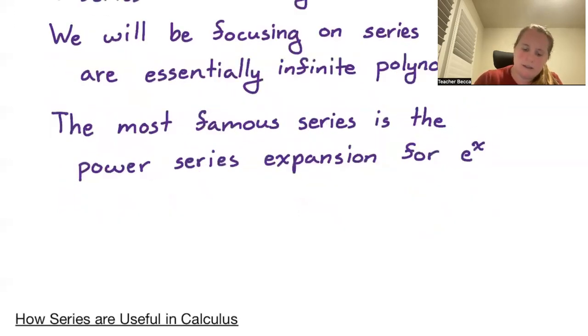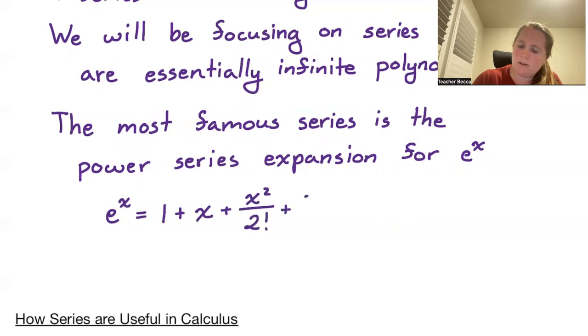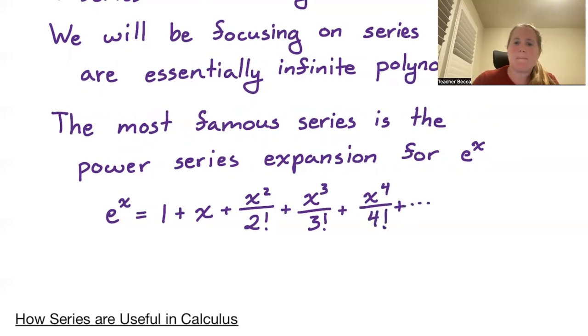Which is e to the x is equal to 1 plus x plus x squared over 2 factorial plus x cubed over 3 factorial plus x to the 4th over 4 factorial, going on forever. And we can write this in summation notation from n equals 0 to infinity of x to the n over n factorial.